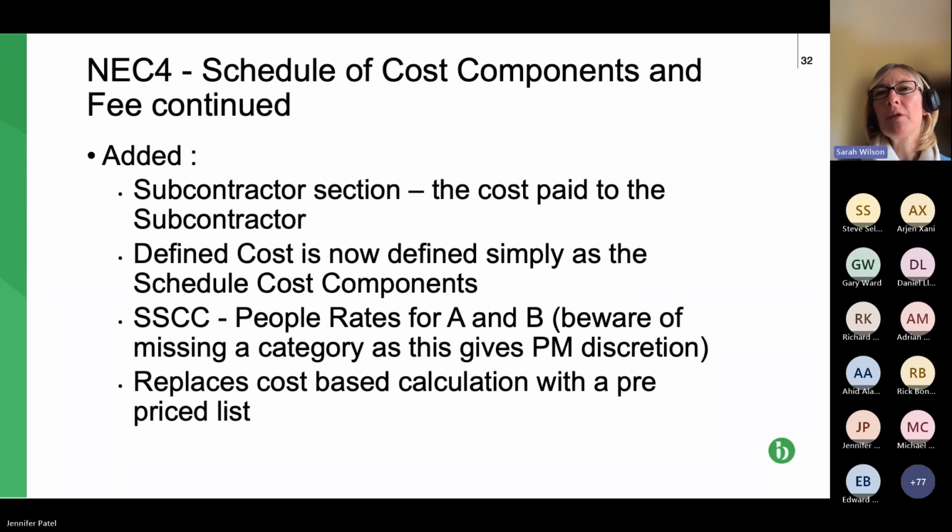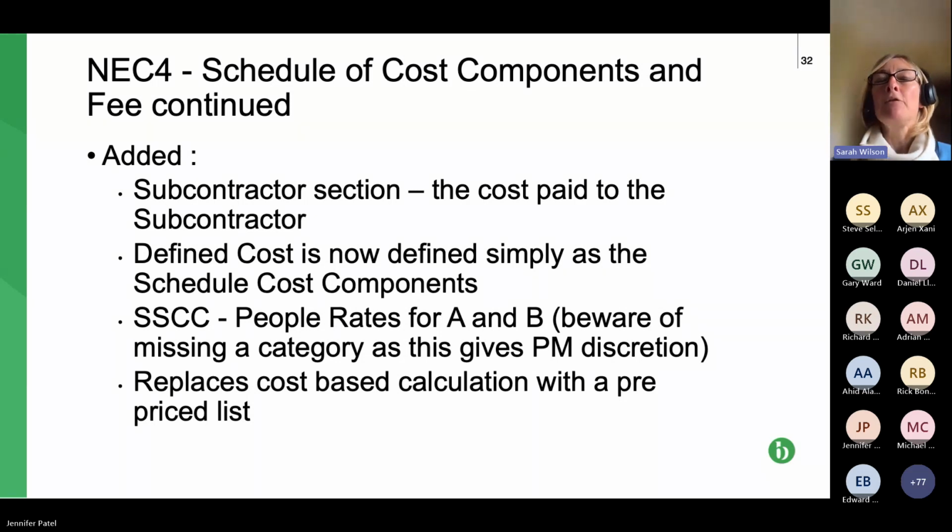Make sure that where you include your people rates, you have a sort of catch-all at the end to say, if a particular discipline is used and isn't covered in the above, then the rate will be market rates or whatever is deemed appropriate.